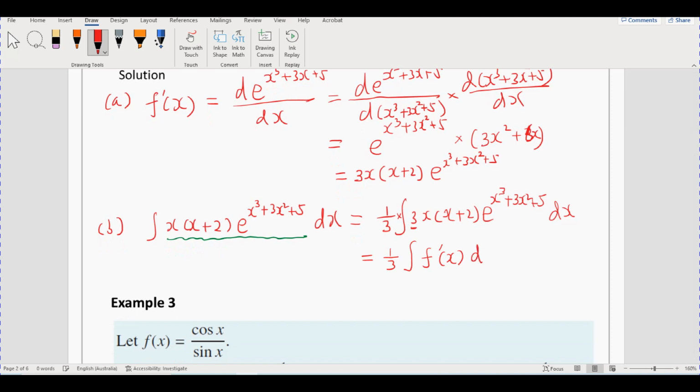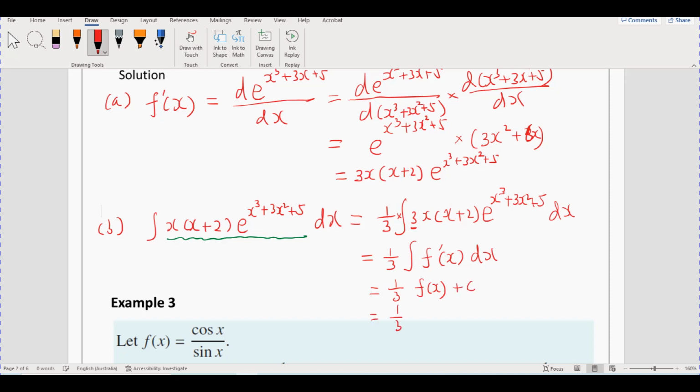I'm going to rewrite that. Again, this is the integration of a derivative. So integration of a derivative becomes what? Let's try to say it together. It should be the antiderivative, and the antiderivative is just fx plus c, right?